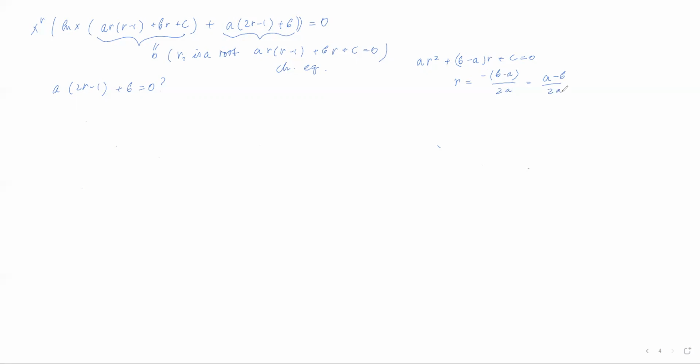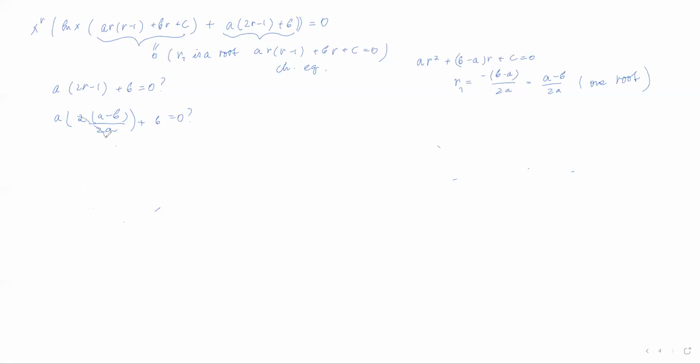Now, what do we need to do? Just take this root and plug it in, because that's going to be my r1, right? If you have just one root, and see if it turns into a true statement or not. So a times 2 times (a minus b) over 2a plus b equals 0. Is it equal to 0?